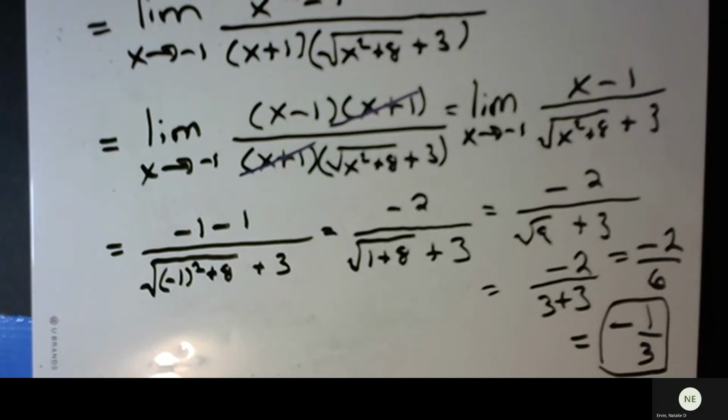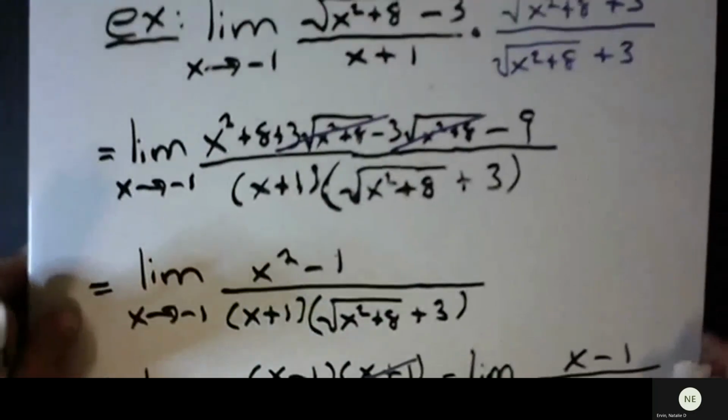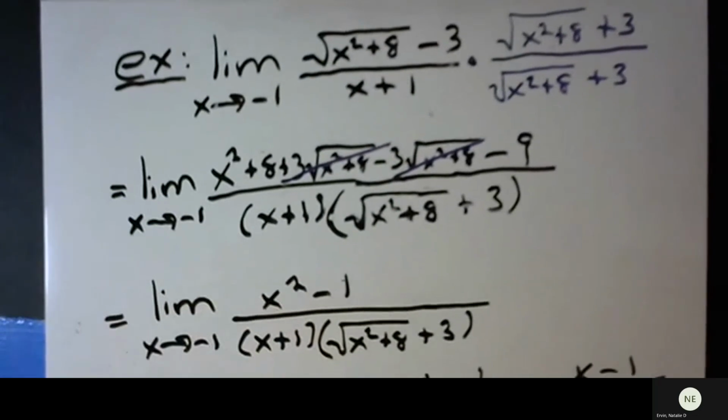So let me do one more that's like that. We'll go in, we'll hammer another one of these through. And again, we're going to look for that denominator to cancel. So let's say we have one like this.